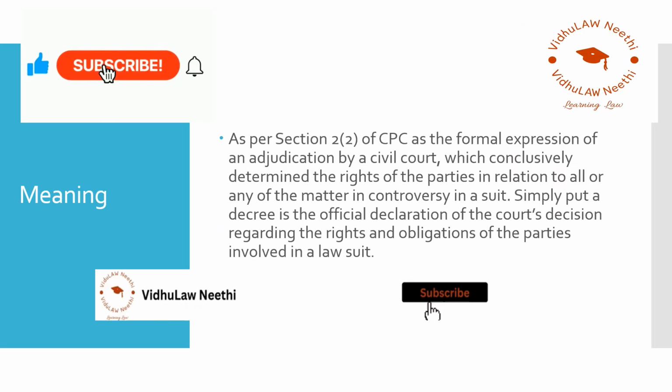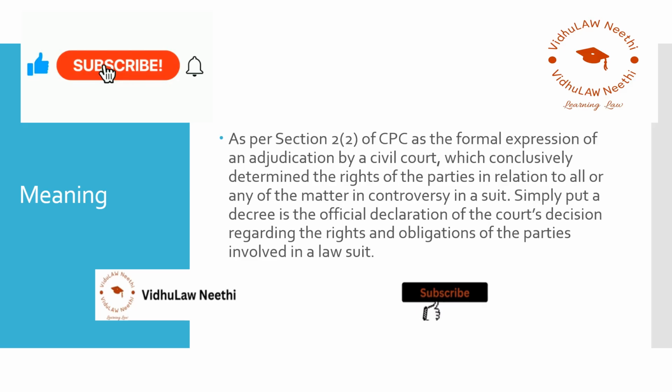Now let us learn the meaning of the decree. As per Section 2 of CPC, a decree is a formal expression of an adjudication by the civil court. Here adjudication means a judgment which conclusively determines the rights of the parties in relation to all or any of the matters in controversy in a suit.